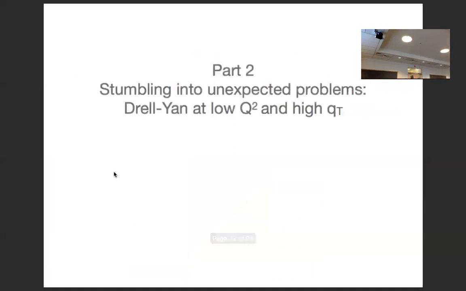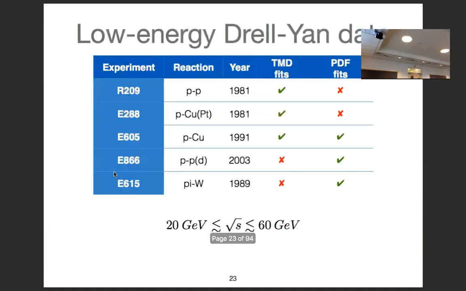Okay, second part, stumbling into unexpected problems. While looking at Tevatron data for Drell-Yan at low Q squared and high QT, we stumbled into really unexpected problems. And I'm talking about these experiments, R209 at CERN and all these experiments at Tevatron. This is the reaction, this is the year of data taking.